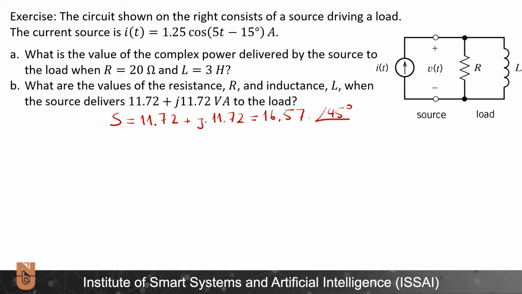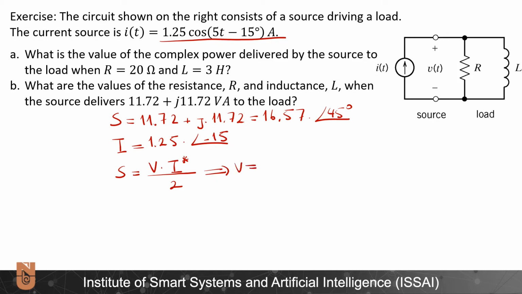What else do I know? I know the phasor for I from here: it is 1.25 with an angle of −15. I know that complex power S is equal to V times I conjugate divided by 2. From here I can get V as 2 times S divided by I conjugate.